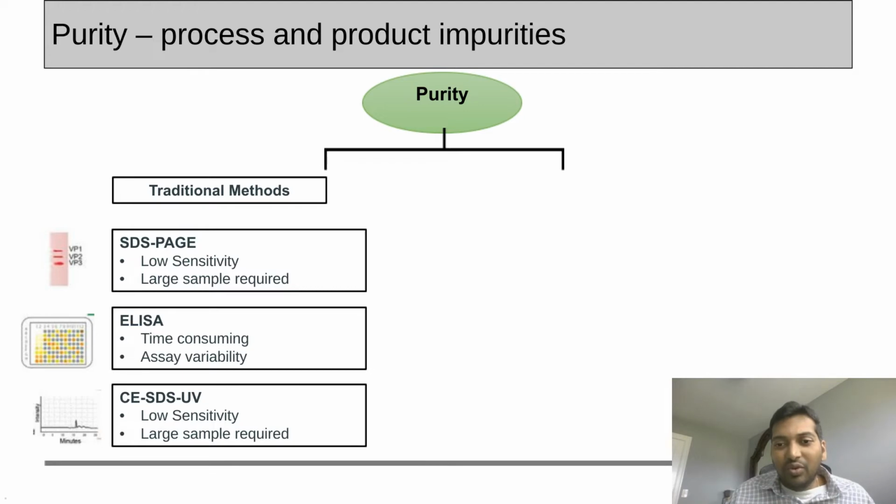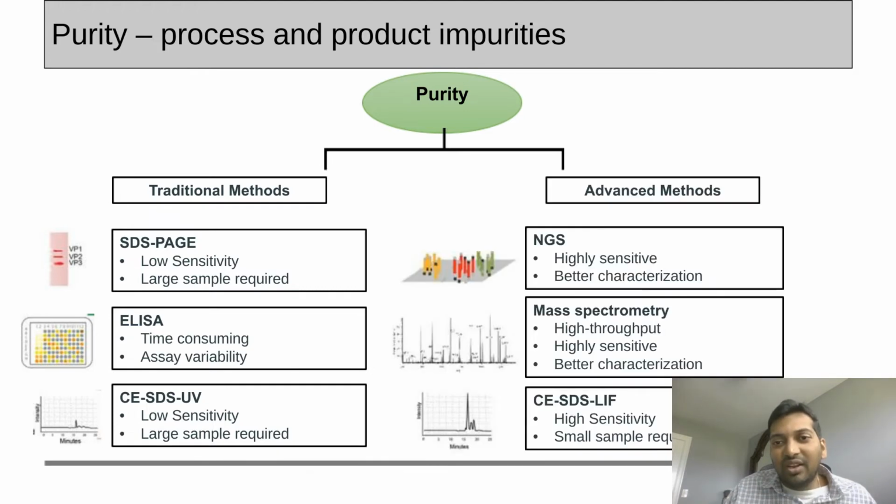To advance and identify purity, the field has started using advanced methods. One, for genomics, is next-generation sequencing, which is highly characterizable and highly sensitive. The other is mass spectrometry, where you can have high throughput and high sensitivity, and you get a huge amount of data about your drug product.